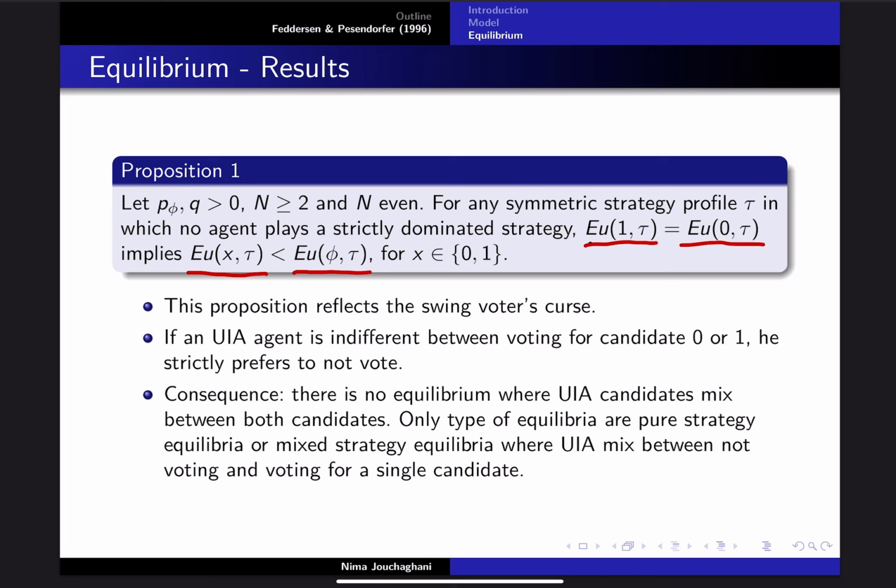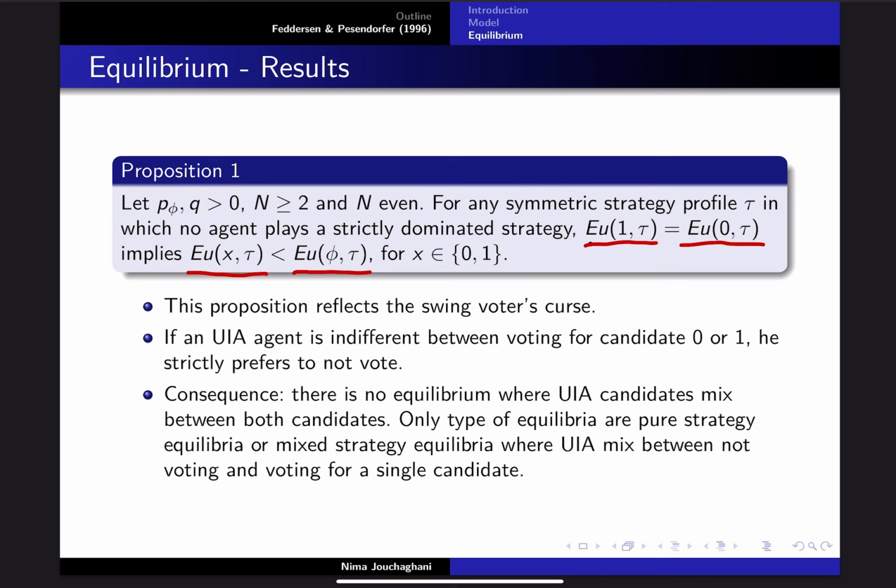That's quite a nice, counterintuitive result. It is basically reflecting the swing voter's curse in the model. What it's saying is that if you, as an uninformed independent agent, are indifferent between the candidates, then you should not vote.